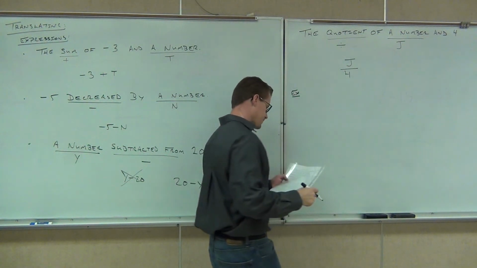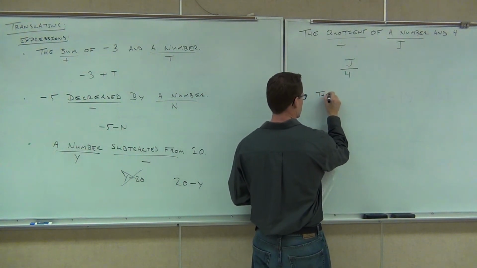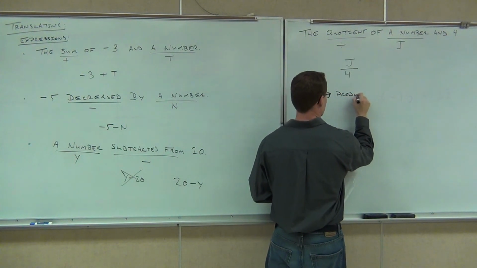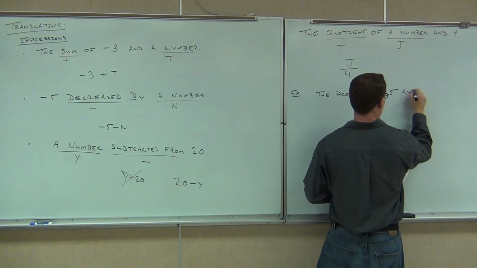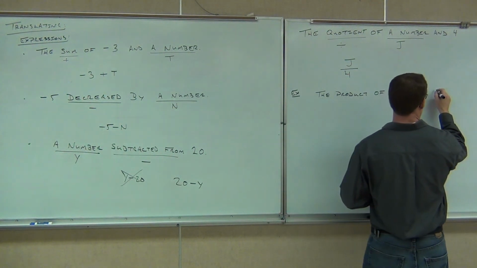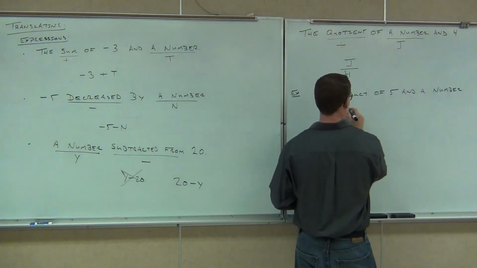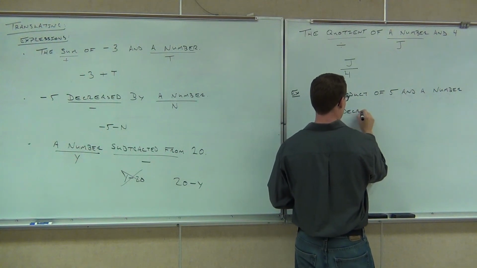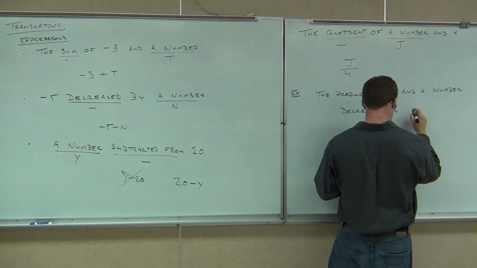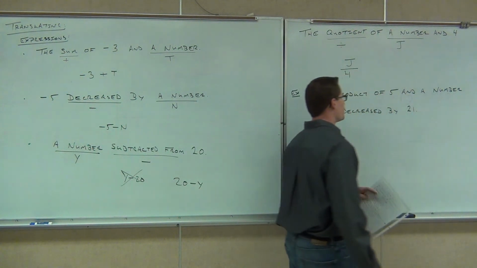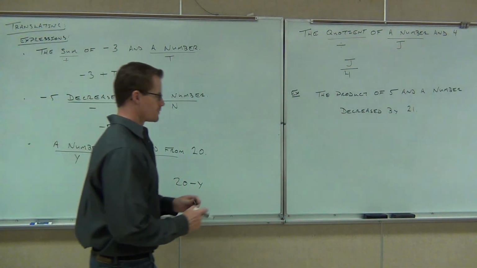For instance, the product of 5 and a number decreased by 21.